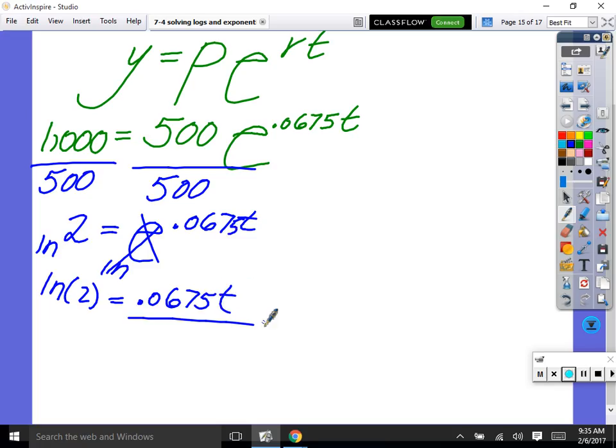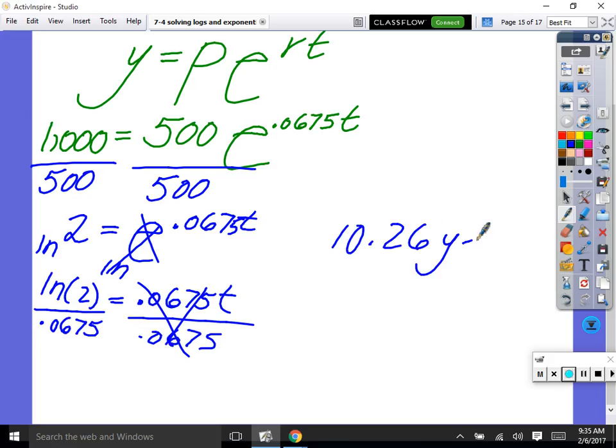So now we divide by 0.0675. So t is alone, that would be our answer, and then you said 10.26 years. Yep. Okay, perfect. Feels right to me.